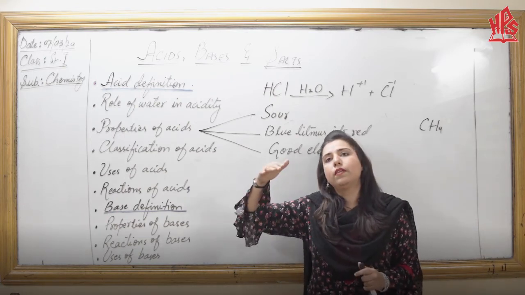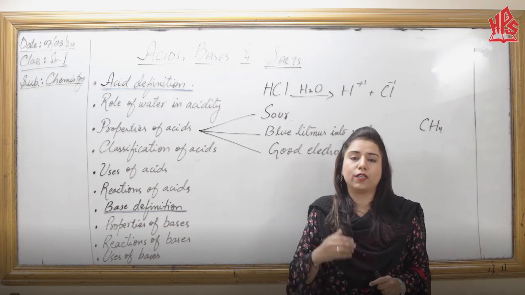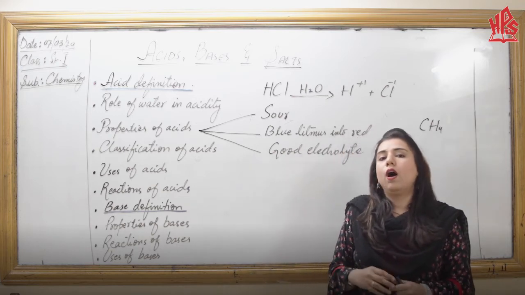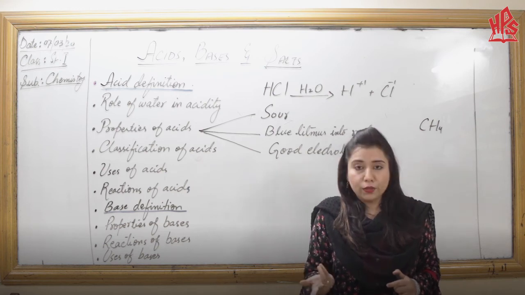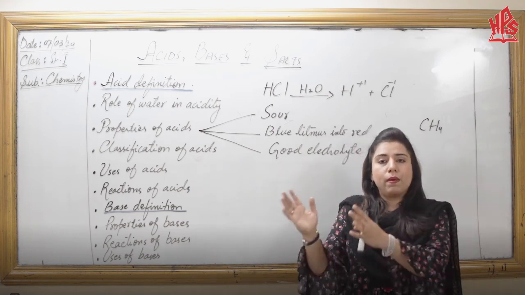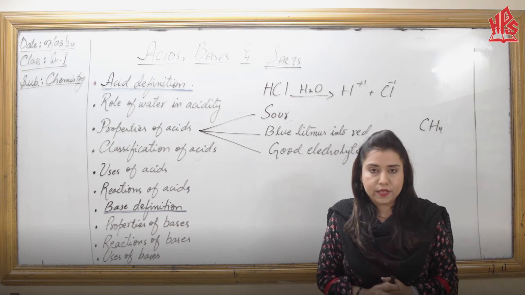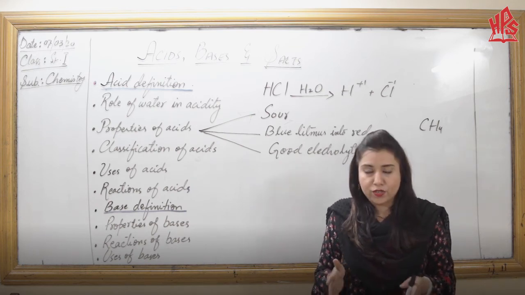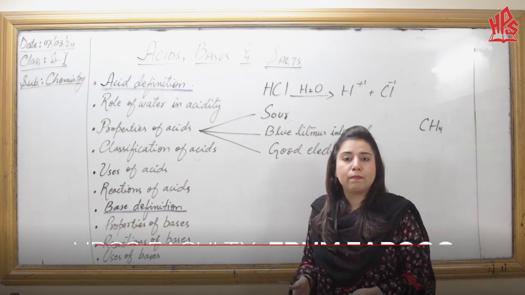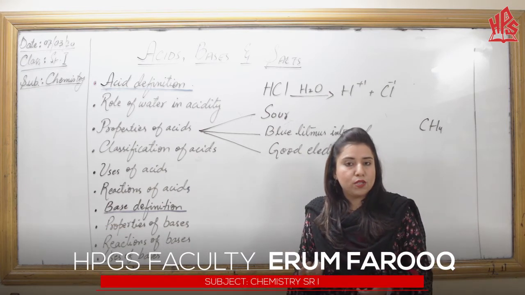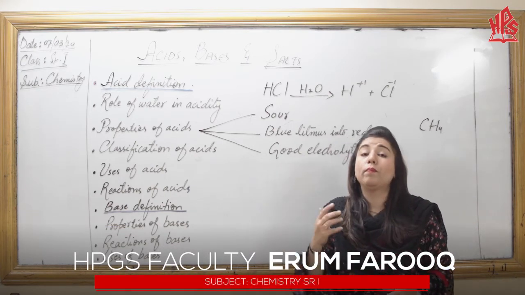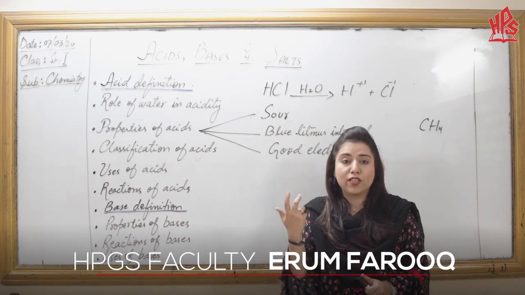We have different categories of classification. The very first category is on the basis of their origin. Some acids are organic acids. We are calling them natural acids, as I have given you different examples. Malic acid is present in apple, acetic acid is present in vinegar, formic acid is present in insect bite.